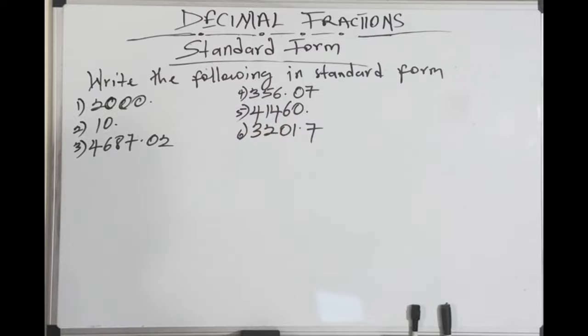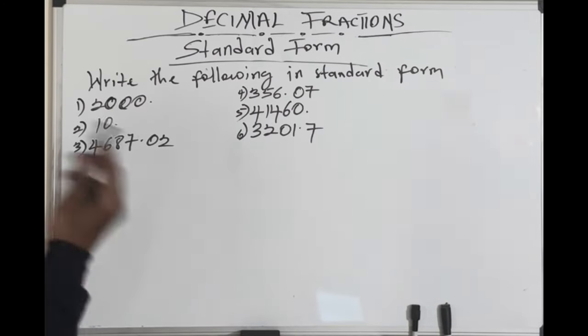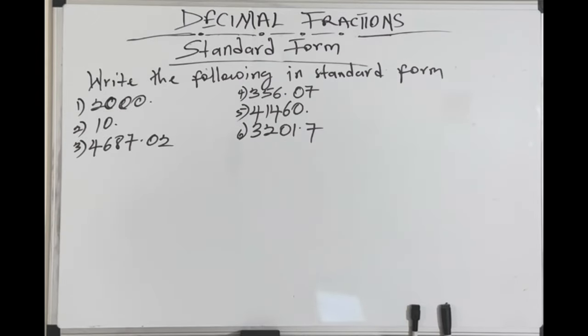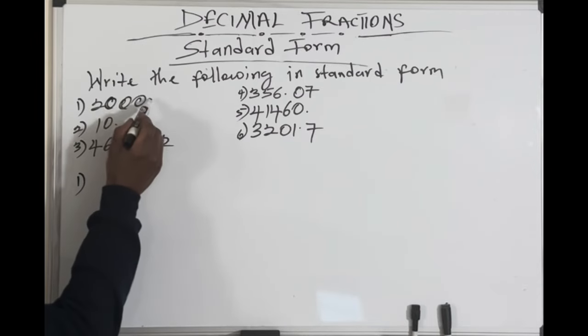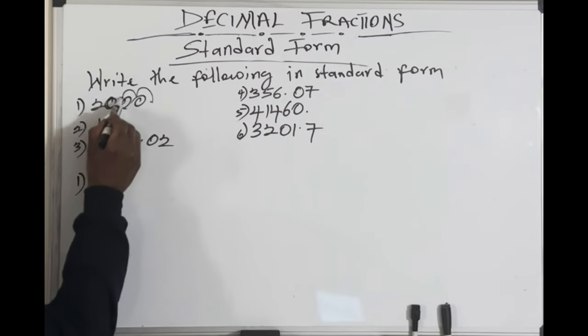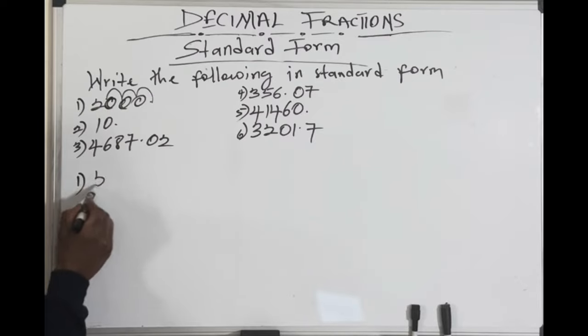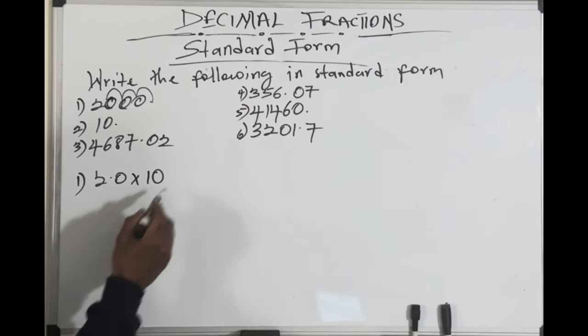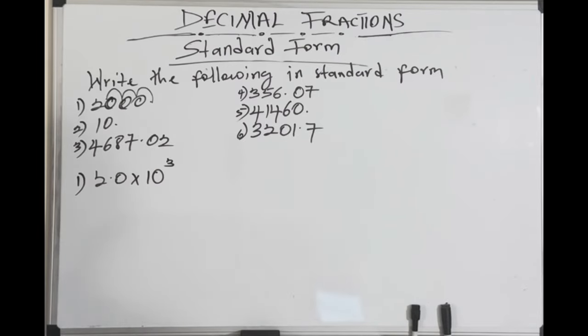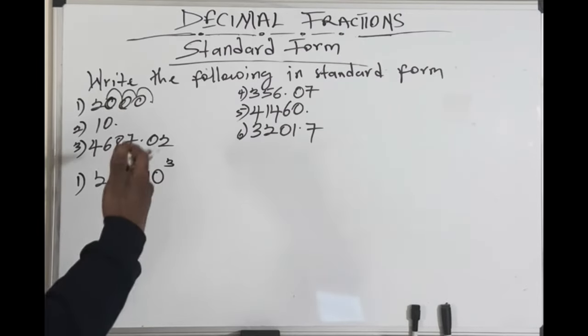So that is what we will move. When we are moving towards the left, we get a positive power. So I want to move 1, 2, 3. So 2.0 times 10. How many times do we move? 3. Positive.